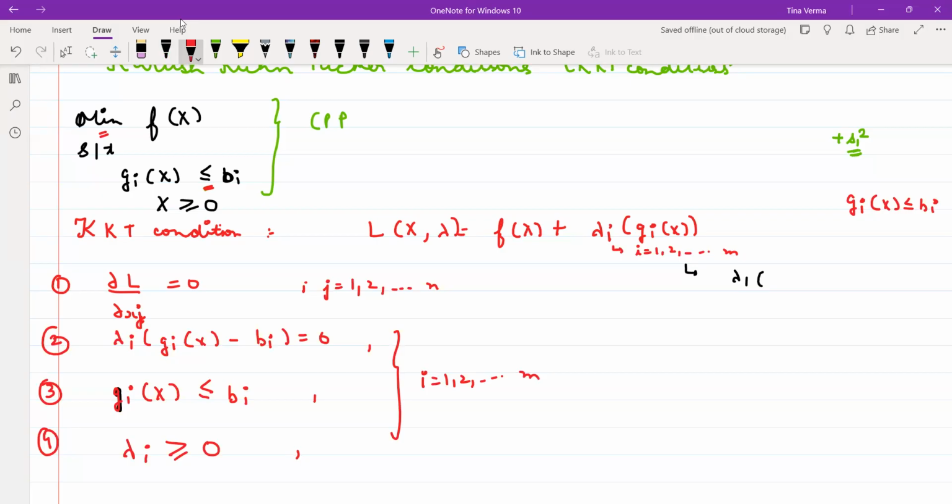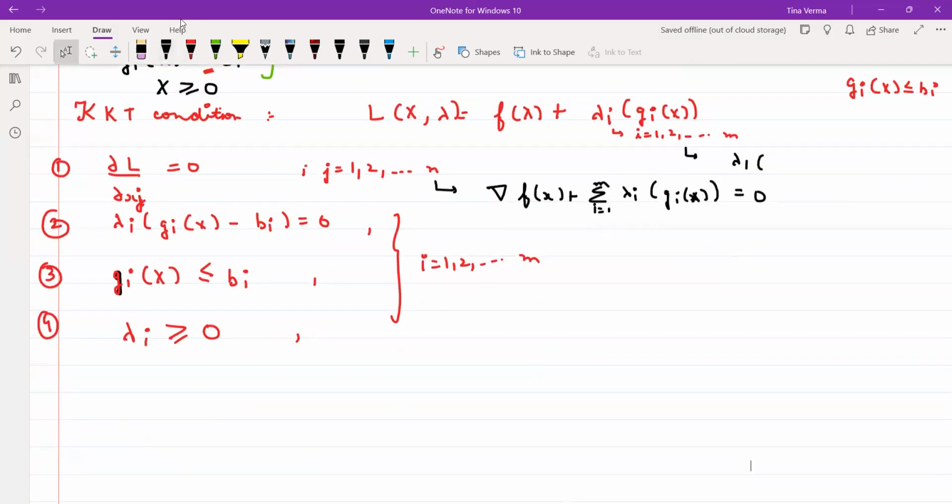So these are your conditions. If you have any programming problem, minimize f of x subject to g_i(x) ≤ b_i. If you forget this, you can also remember that this condition is nothing but the partial derivative of f of x plus the sum of your constraints, i equal to 1 to m, lambda_i g_i(x*), calculated at this point, should be equal to 0, so that you construct your Lagrange function, right?